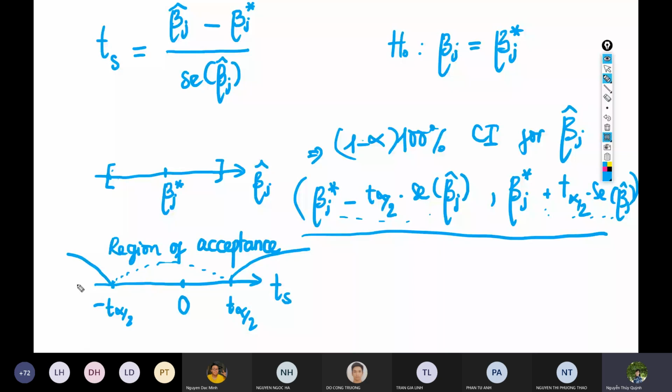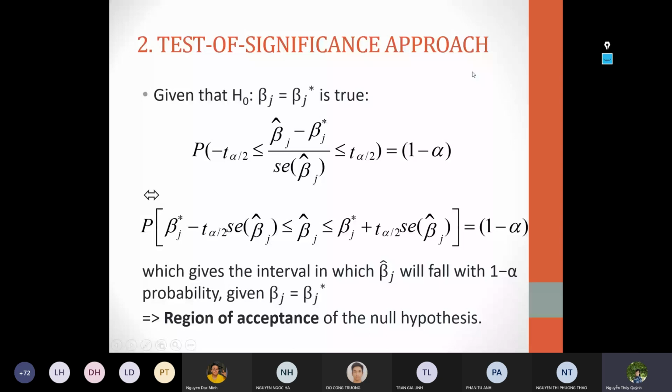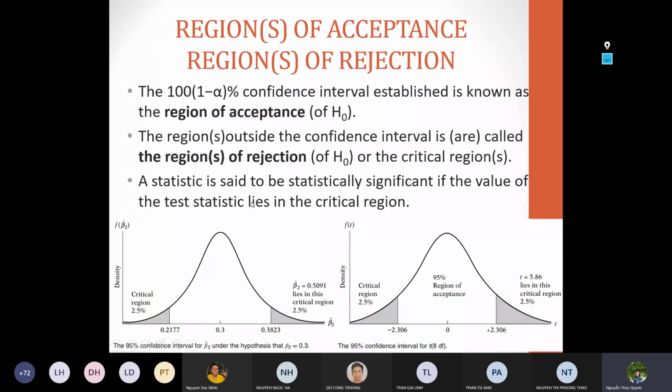So we have the region of acceptance and also the region of rejection. The gray area, outside the region of acceptance, is called the region of rejection, and we call it the critical region.